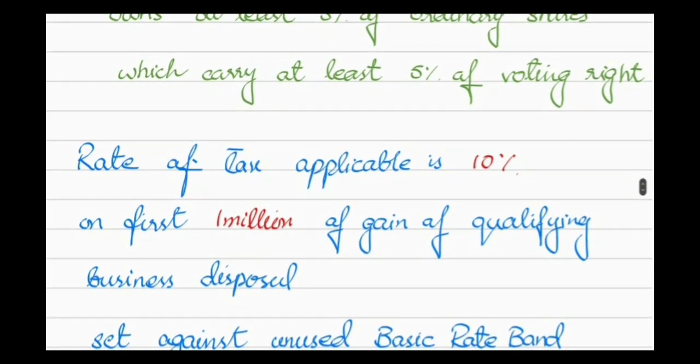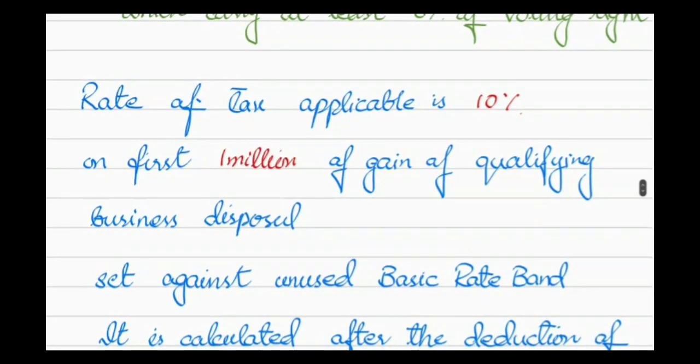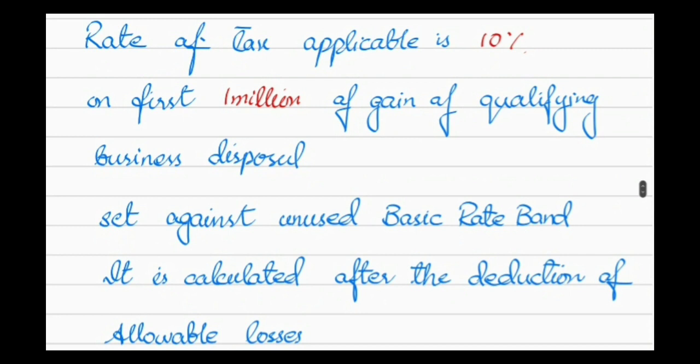If the business disposal qualifies for the relief, then the rate of tax applicable is 10% on the first 1 million of gain of a qualifying business disposal, and it is set against the unused basic rate band. What does it mean? If you are claiming business asset disposal relief, you have to sacrifice the benefit of the unused basic rate band.